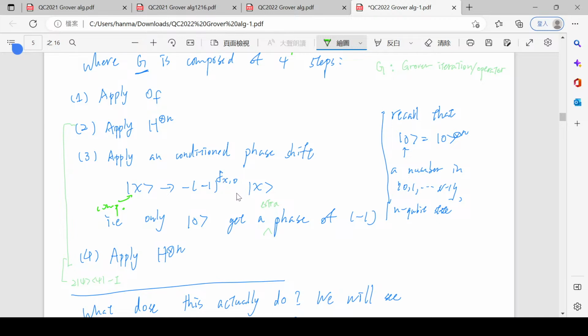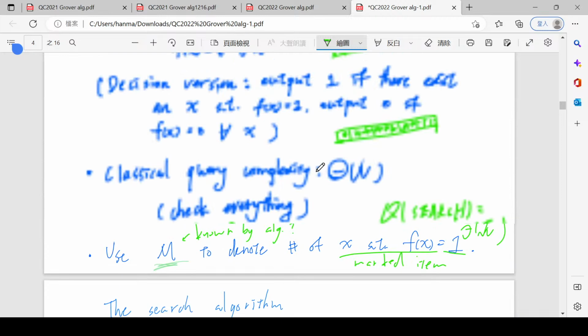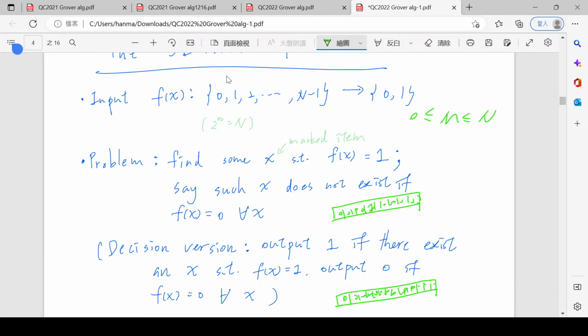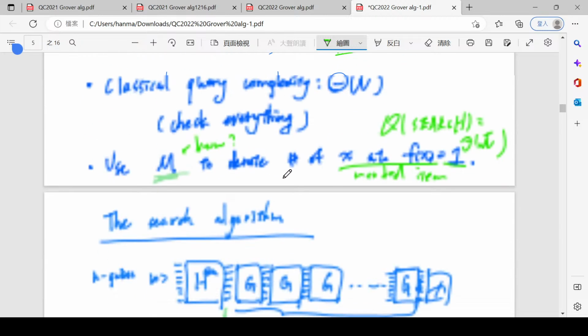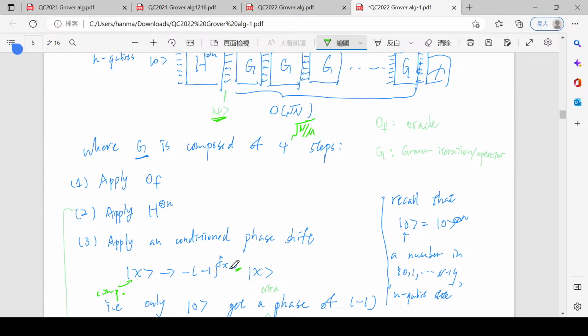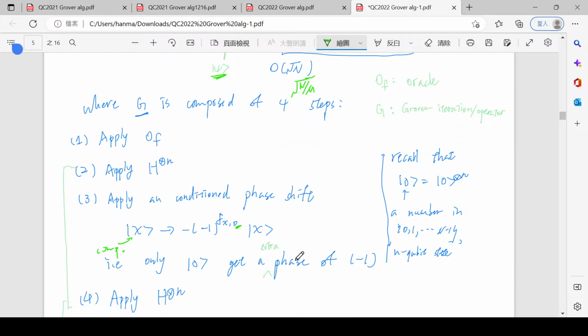The phase is -(-1)^δ(x,0). It's a bit confusing what this 0 is. 0 is this 0. It says if x equals 0, then you do this extra -1. If x is not 0, then you don't do it. So only when your x is |0⟩, you get the extra phase of -1.